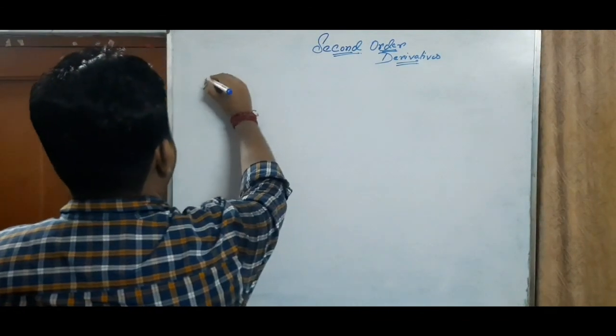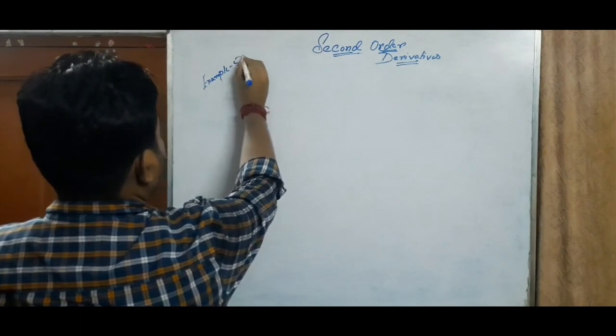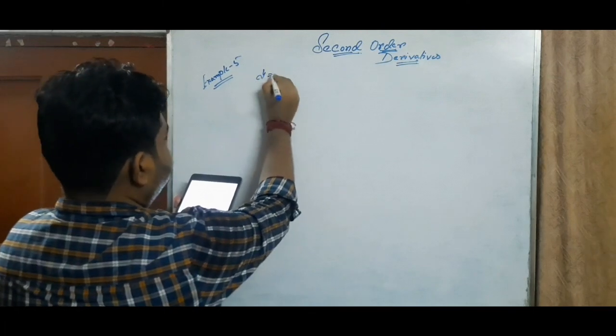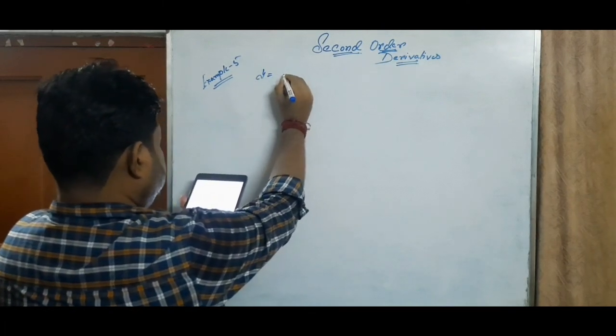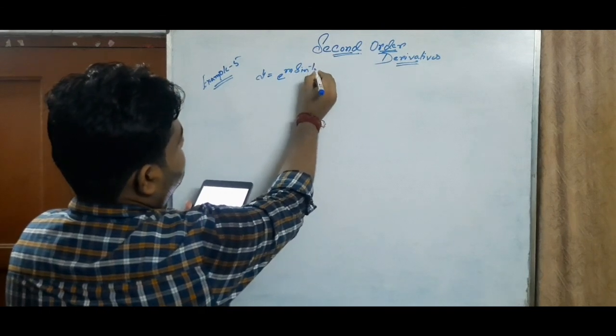Example 5. y equals e to the power m sine inverse of x.